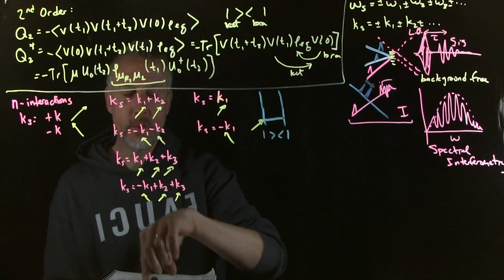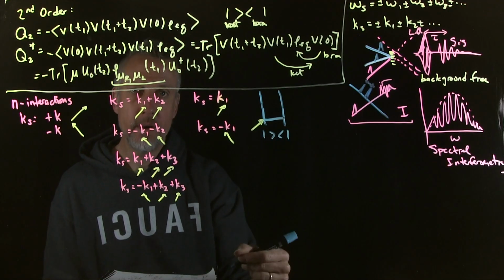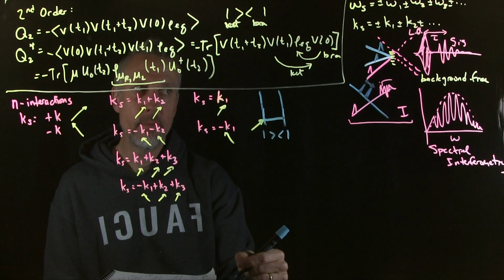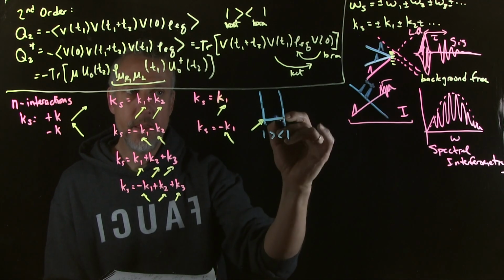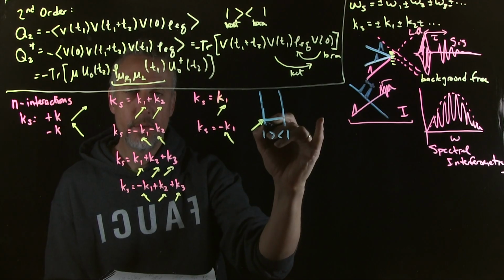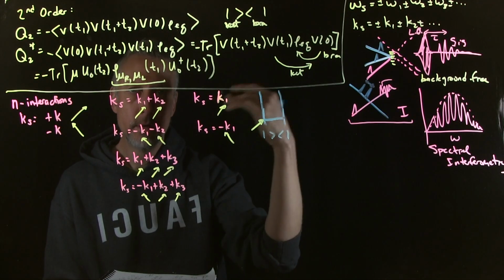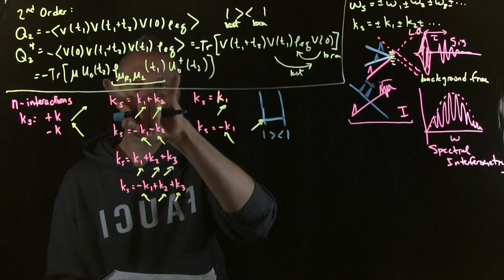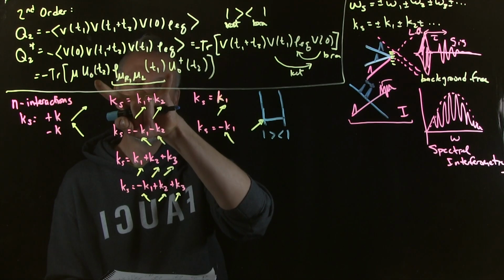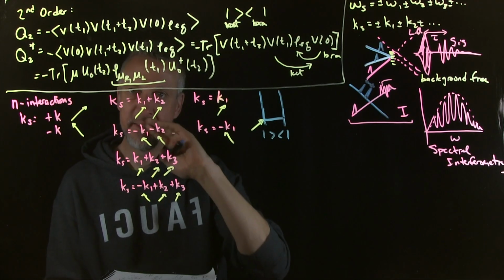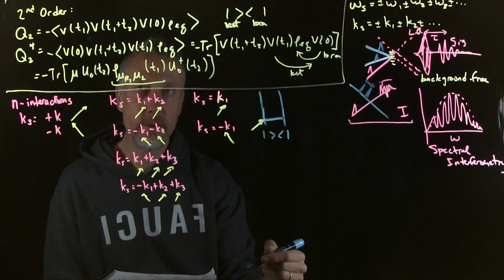And remember, when the mu acted from the left, we went up on the ket side of the density operator. Right? And then what happens is the system evolves without the field. And the density operator evolves because you have U naught rho U naught dagger, which is the way that you evolve rho forward in time.